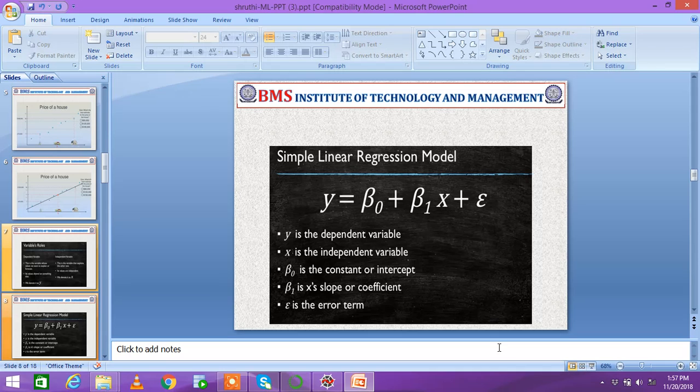As I told you, in the case of a linear regression model, we have the linear regression model defined as y is equal to beta naught plus beta 1 into x plus an error term. Some error term will be there. Here x is the independent variable and y is the dependent variable. We are calculating beta naught, which is the intercept, and beta 1, which is the slope or the coefficient.